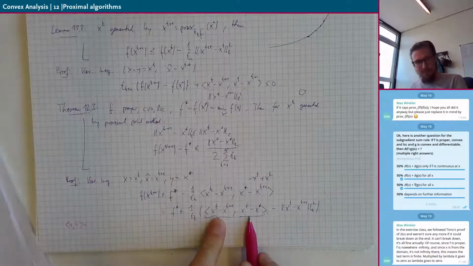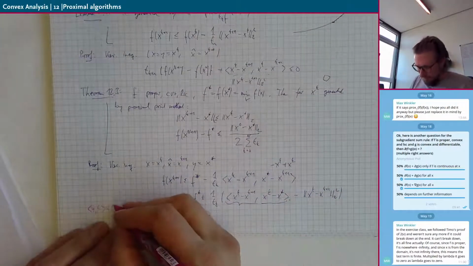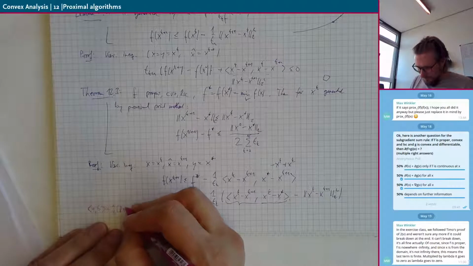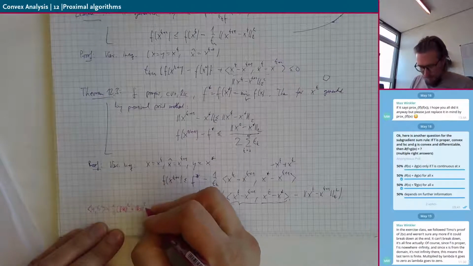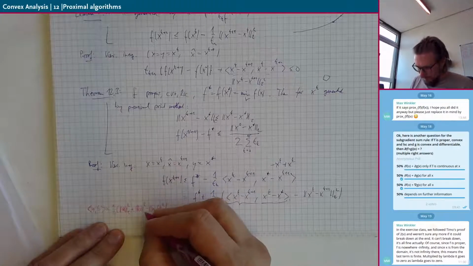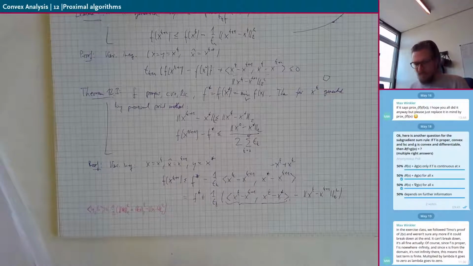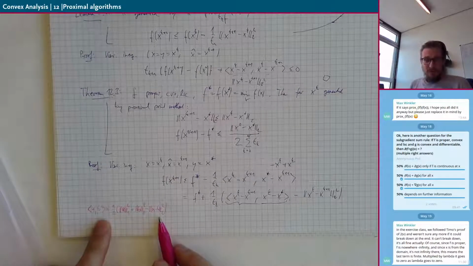Whenever you have this inner product, you can rewrite it exclusively with norms. And simple algebra shows you that this is one half of norm a squared plus norm b squared minus norm a minus b squared. Of course, all two norms here, but it doesn't matter. That's just the binomial theorem or whatever you like.